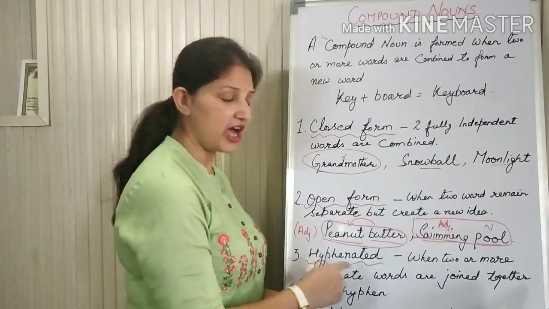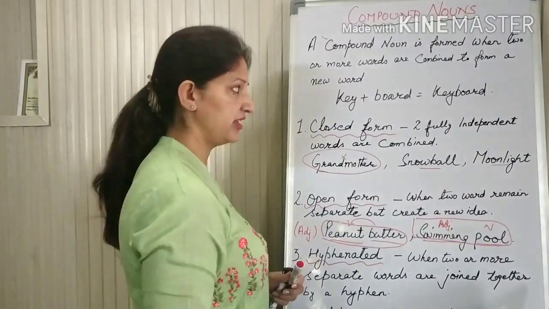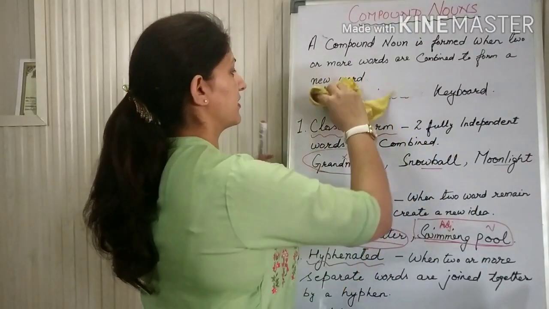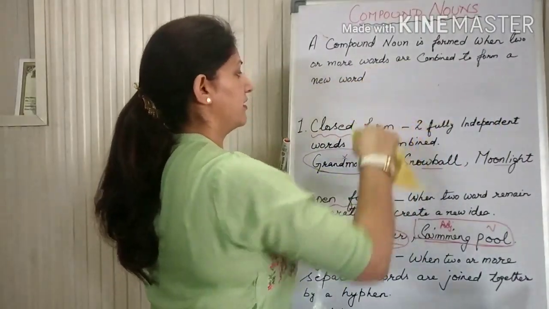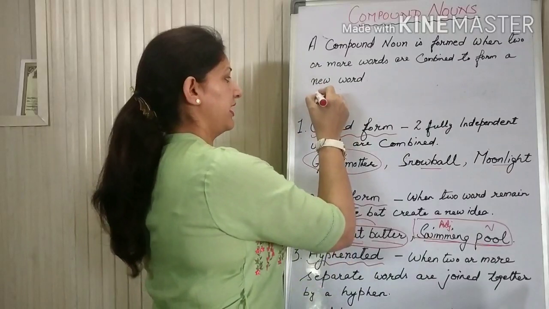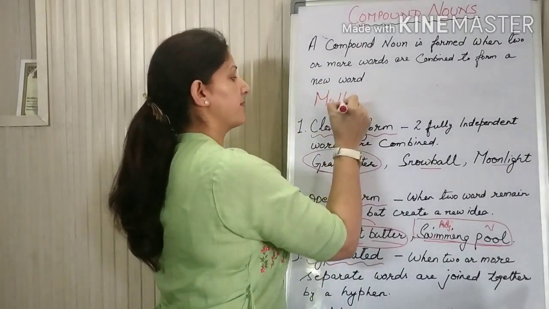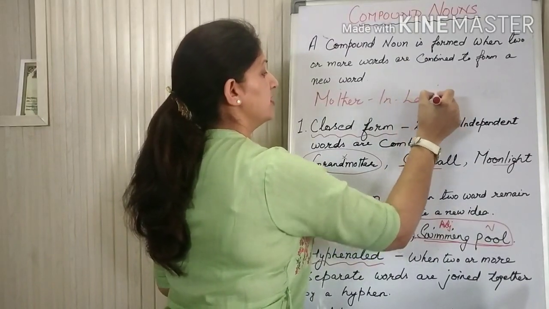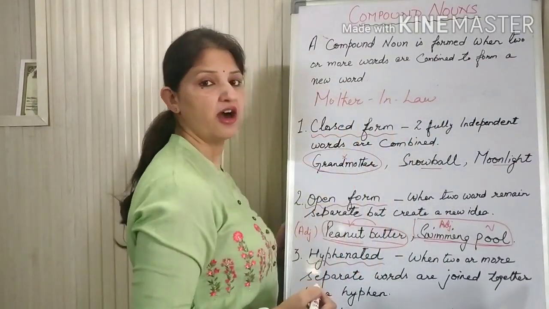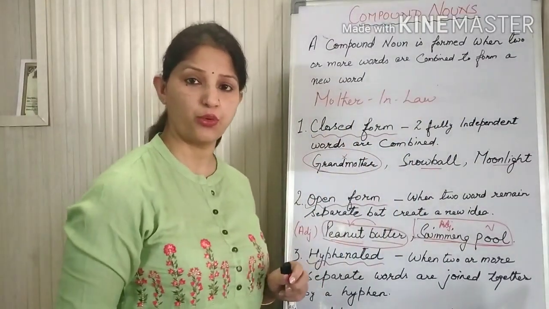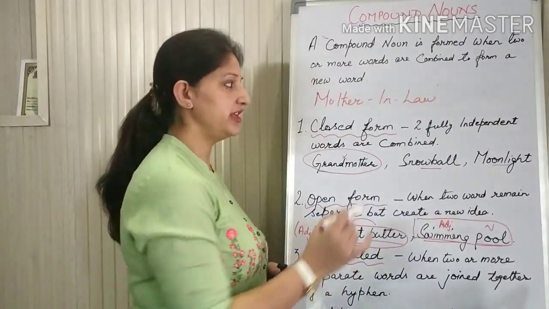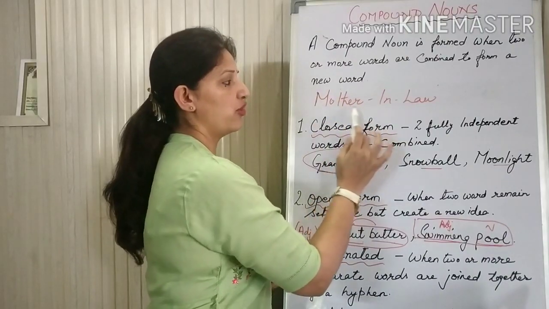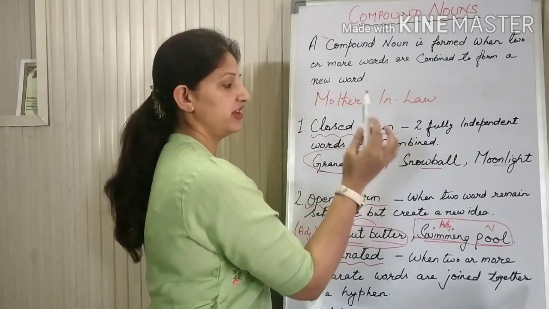Okay. In the hyphenated form, you might have seen some words, if we take an example like mother-in-law. So we are putting in the hyphen. Why are we doing so? Because if you see closely, these words are taken from different genres and they don't belong to a single same category.